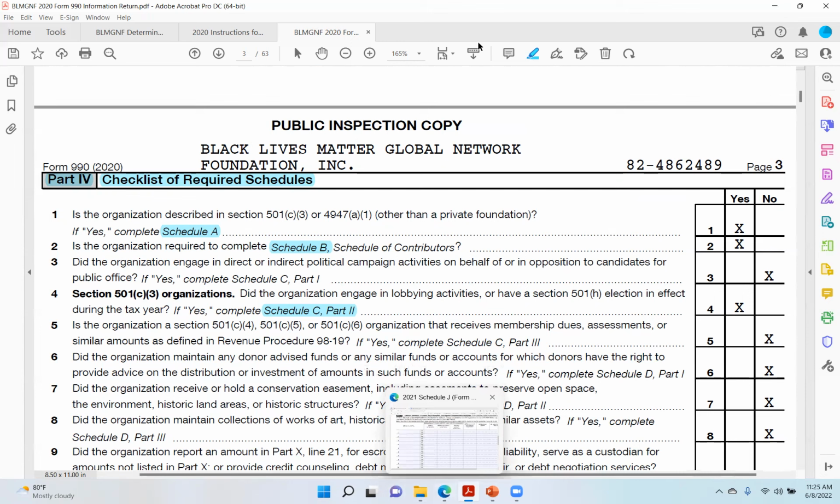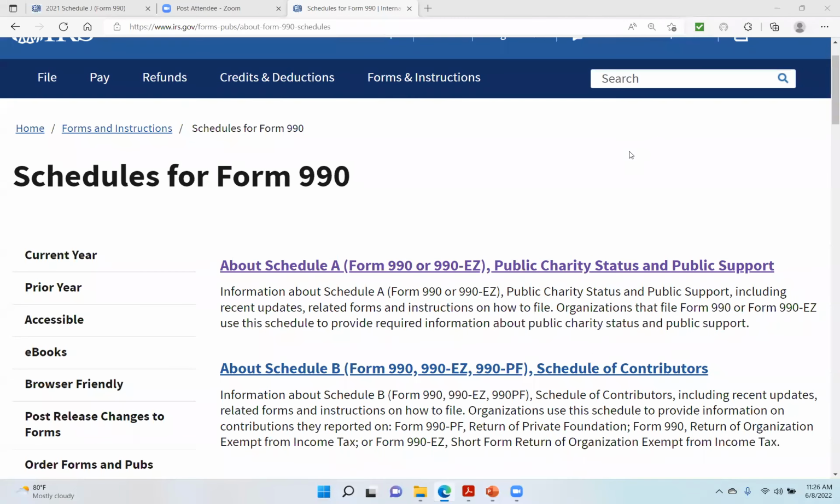I know other people are pointing out the fraud of the Black Lives Matter Global Network Foundation on their platforms, and I'm so grateful for that. But I am getting down to the factual information about what is really going on here. Again, the Black Lives Matter Global Network Foundation provided this document for the public to review in an attempt to be transparent about the money they generated in 2020. So I'm just holding them accountable.